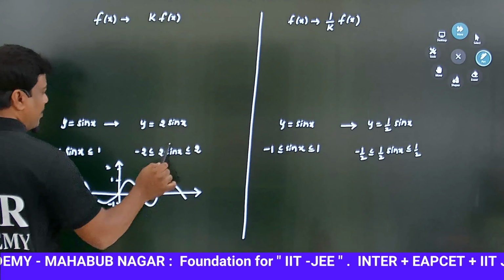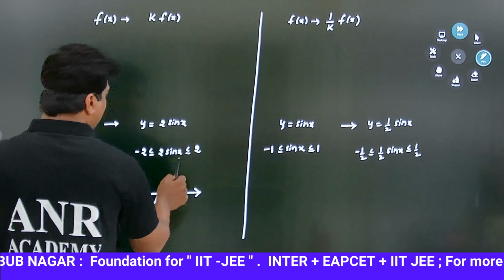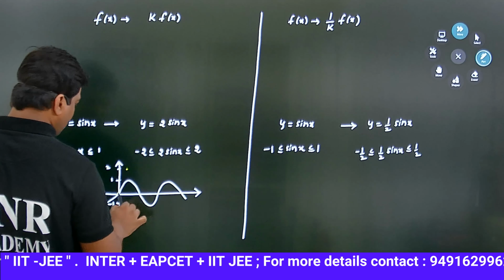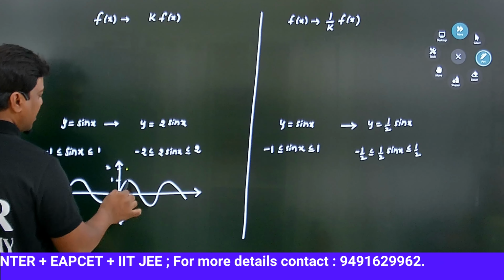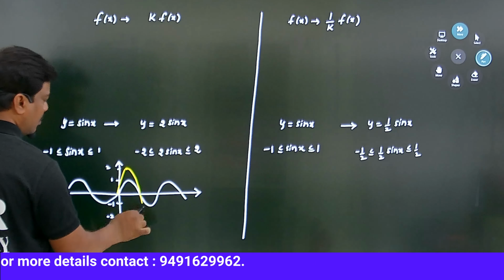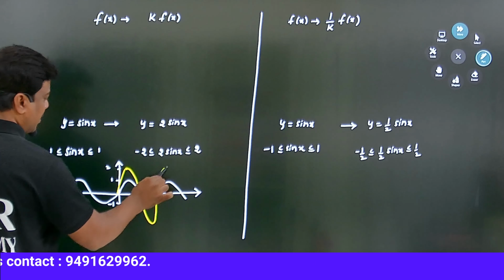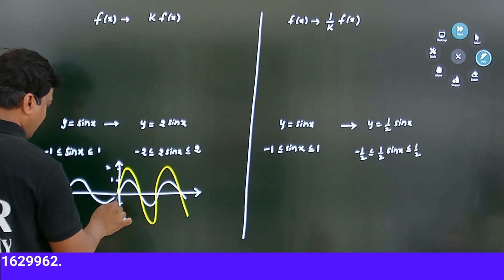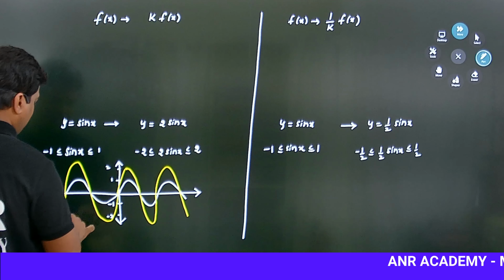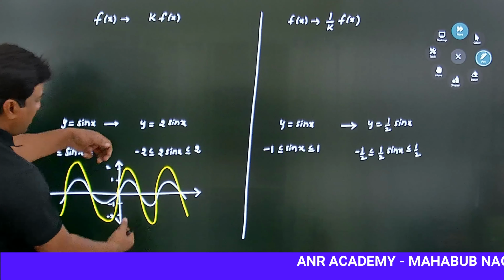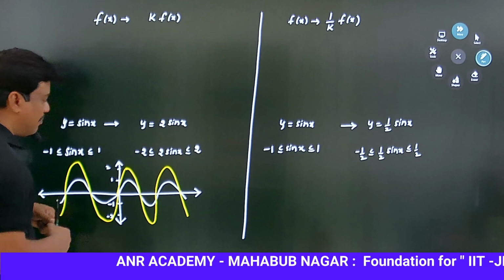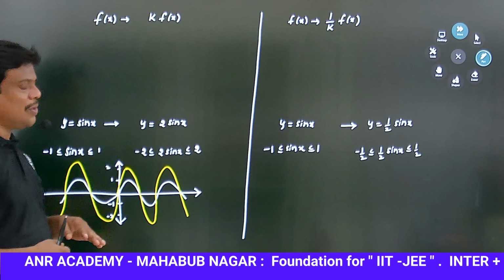But when you put pi by 2, sin 90 is 1, and it reaches maximum value 2. So in the previous case maximum value 1, now in this case maximum value 2. So you will get the graph in this way. Here minus 2 minima, plus 2 maxima, minus 2 minima. Here the graph is stretched along the direction of the y-axis just 2 units, remember.